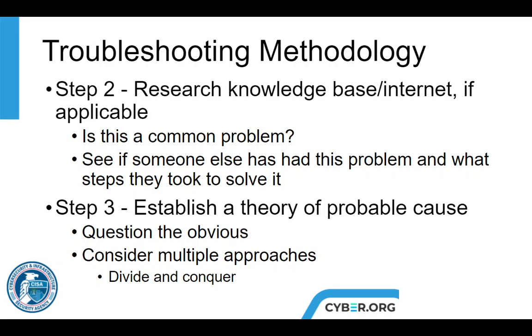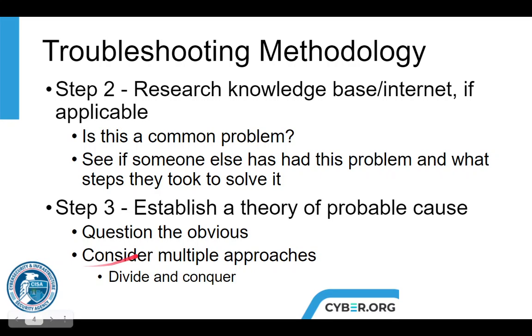So a good example of this would be a Chromebook is not connecting. So you have one person sitting at the device actually checking to see if there's something wrong with the device, and then in one of my cases, the device had been unenrolled from the system, so you couldn't have done anything on the device to fix it. You had to go back into the system to re-enroll it.